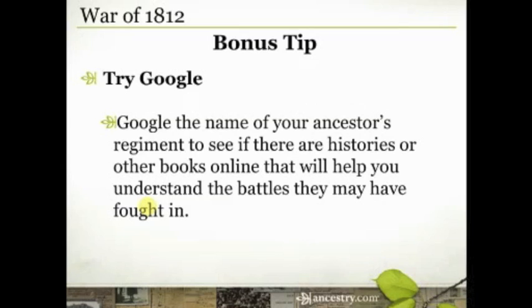It's really great to see, oh, well, they enlisted in September of 1813 and they served until January of 1814, and they were from this state and they served in this regiment. That's great information, but when you can find a history of the regiment and the battles they may have fought in, it gives some context around what they did.